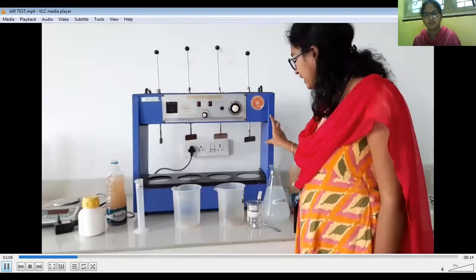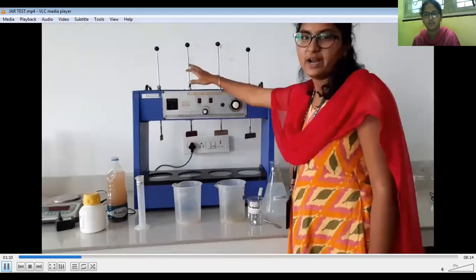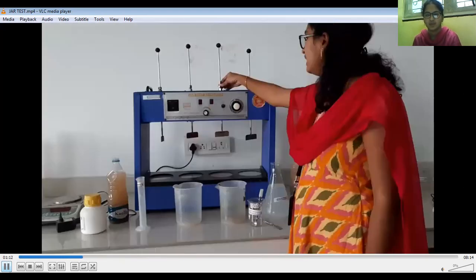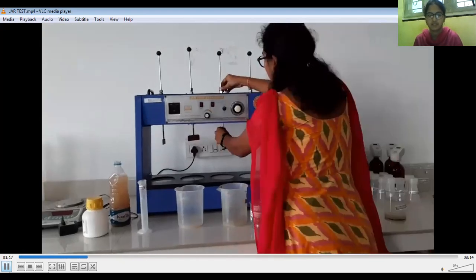That is the equipment: paddles and adjustment for rising up and down.